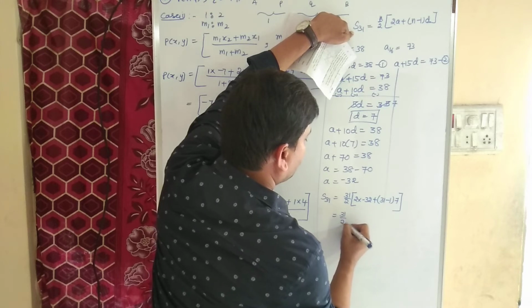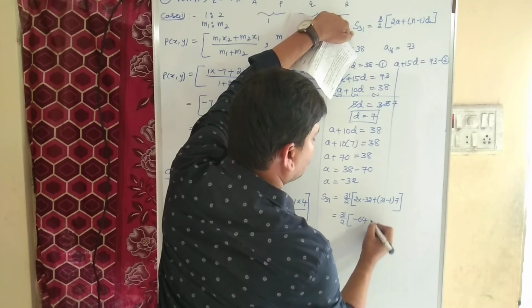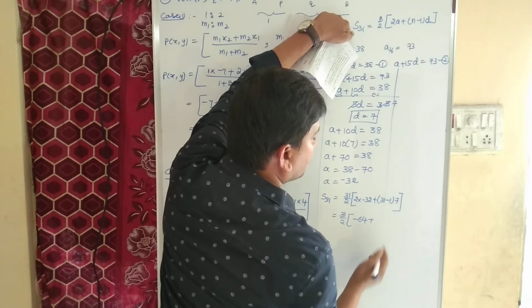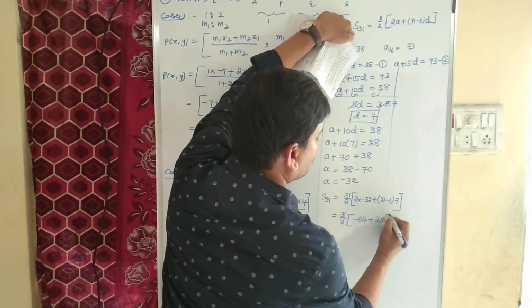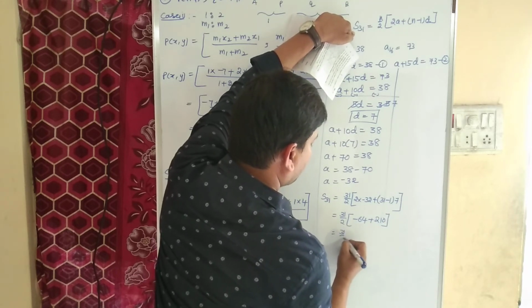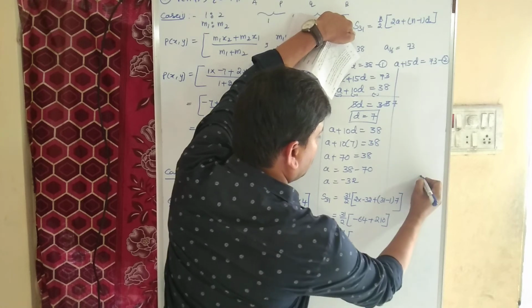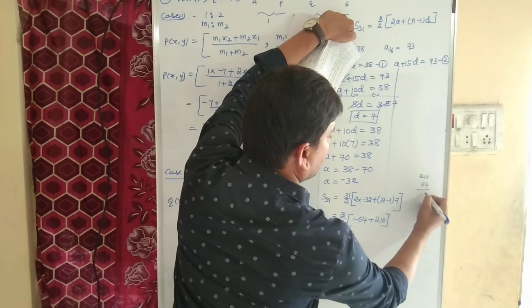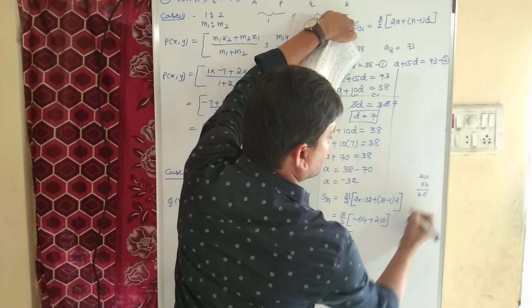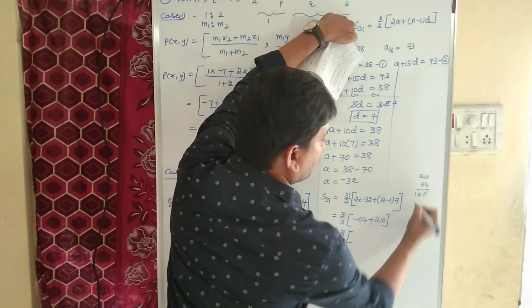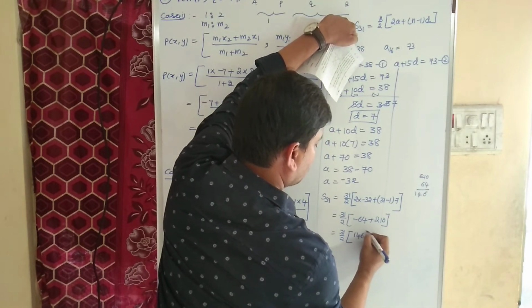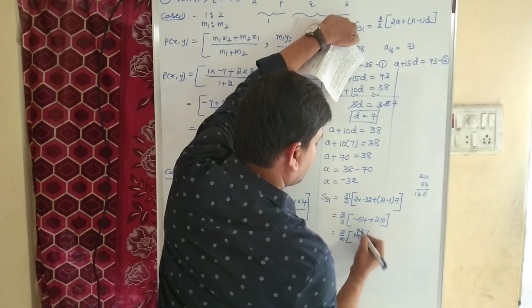So 31 by 2 into 2 times minus 32 is minus 64 plus 31 minus 1, 30 into 7, which is equal to 210. So 31 by 2 into 210 minus 64, that is equal to 146.